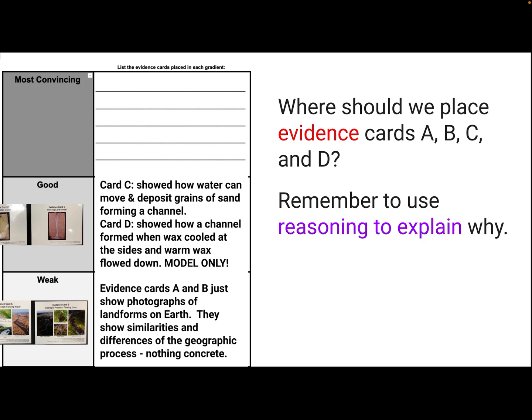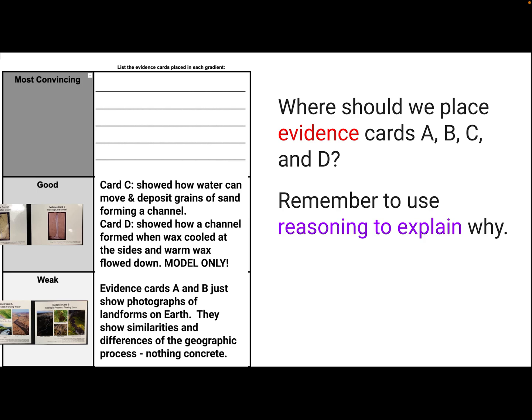So let me read what I have here for evidence card C. I said, evidence card C showed how water can move and deposit grains of sand, forming a channel. And evidence card D showed how a channel formed when wax cooled at the sides and warm wax flowed down. The important thing for us to remember, and actually the reason why we can't say it's the most convincing, is because these were models.